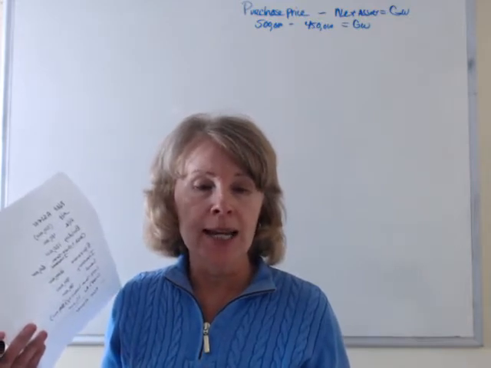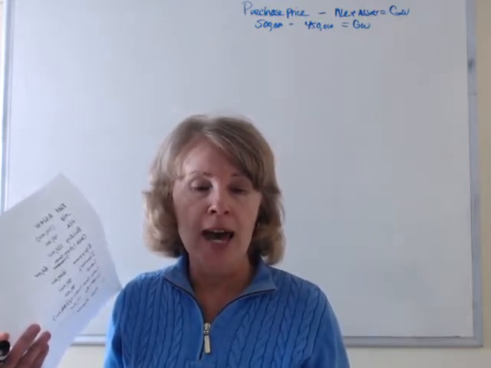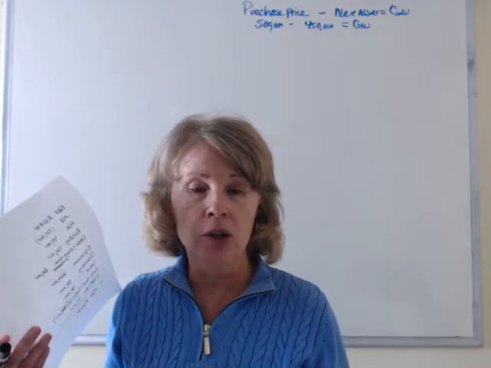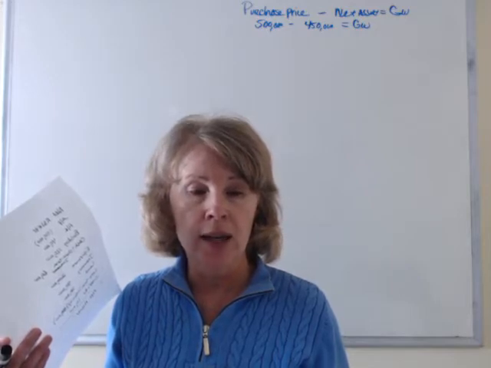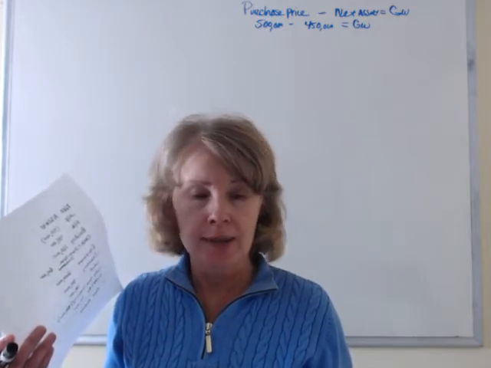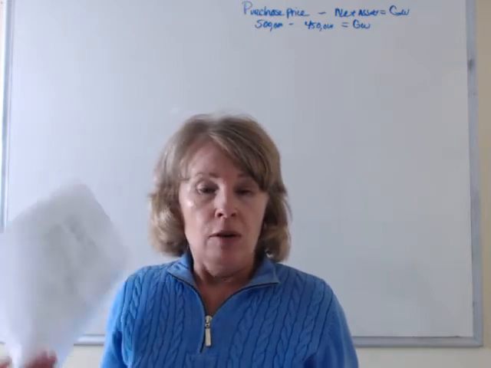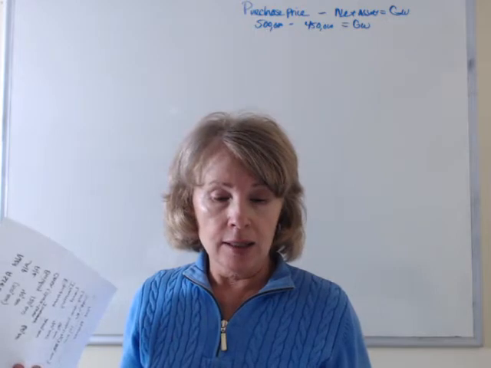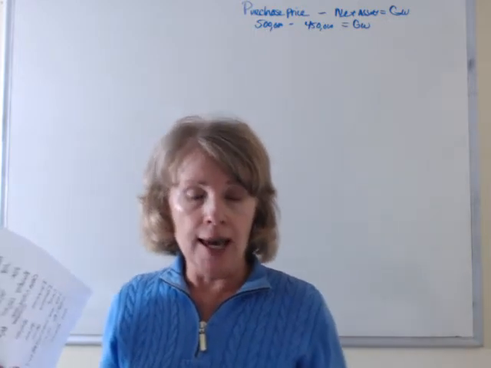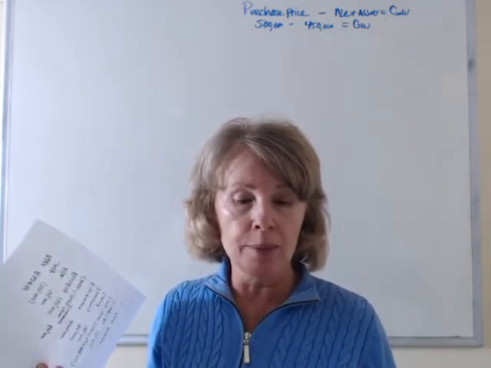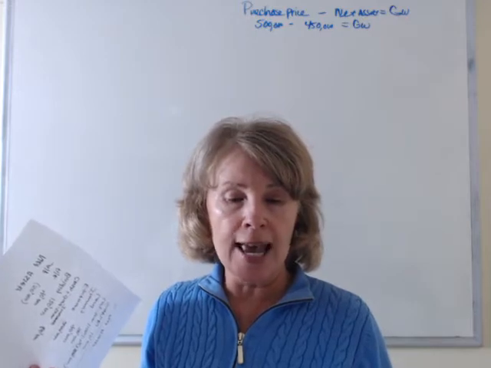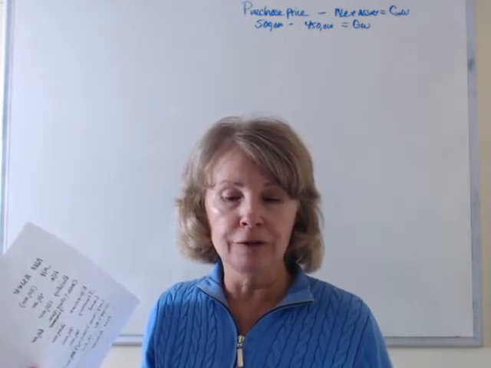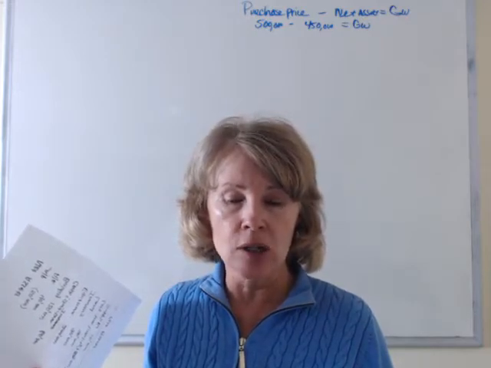Chapman Company obtains 100% of Abernathy Company stock on January 1st, 2020. So they own 100%. In this particular problem, look at where it says, assume that Chapman Company acquired Abernathy's common stock for $500,000 in cash.